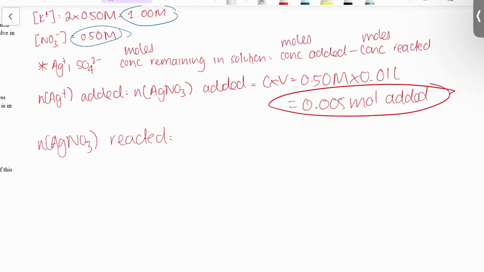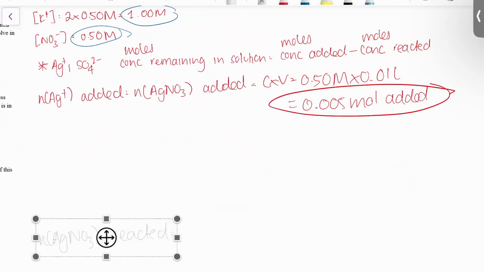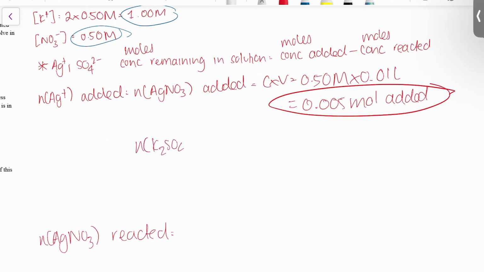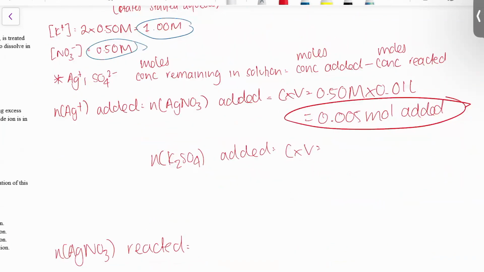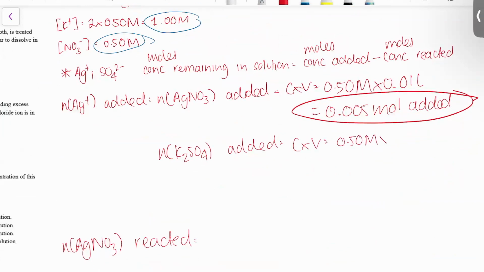So I'm going to move this down because reacted depends on limiting reagent. Moles of K2SO4 added, C times V, same thing, 0.5 molar times 0.01 liters, 0.005 moles added as well. Does that mean there's no limiting reagent if there's equal numbers?